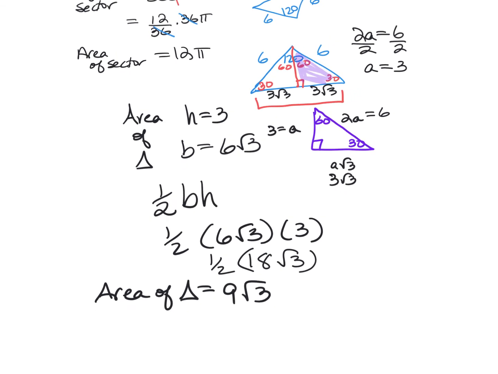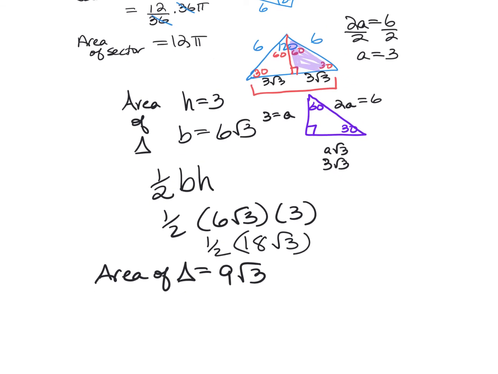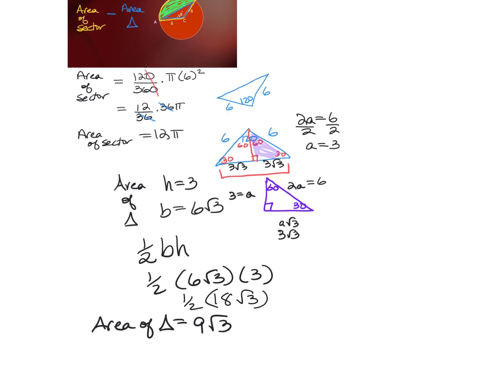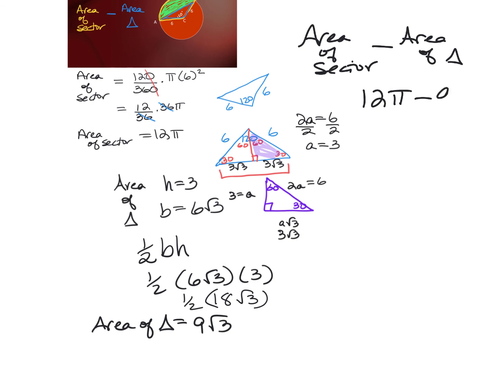Remember, at the beginning, I told you to find that green piece. Remember what we were doing here is we had to find area of the sector and subtract out area of the triangle. So the area of the sector was 12 pi, and then the area of the triangle was 9 square root 3.